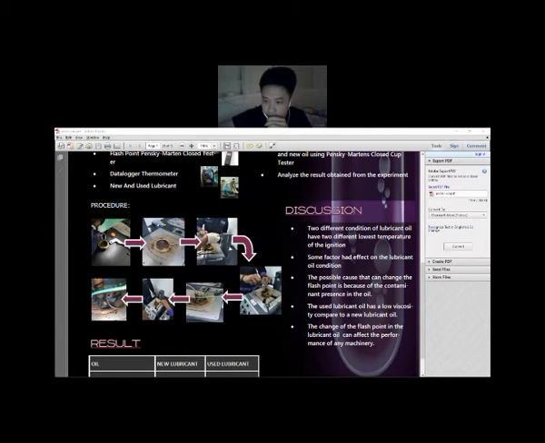Then all the steps are repeated by replacing the used lubricating oil with new lubricating oil, while the stirring device speed is changed to between 90 and 120 RPM, and the heat is applied to the oil sample at a rate adjusted to 5 to 6 degrees Celsius per minute.